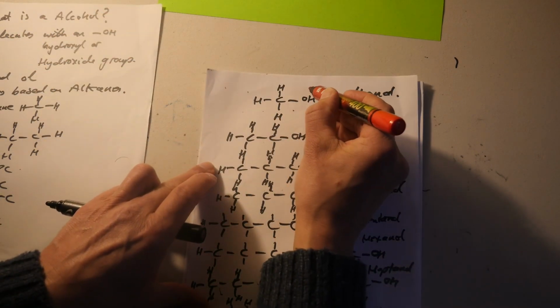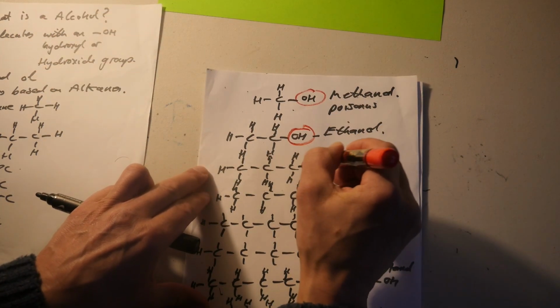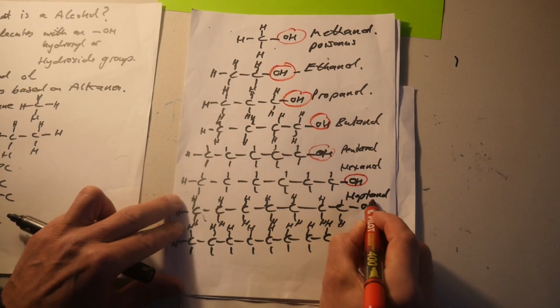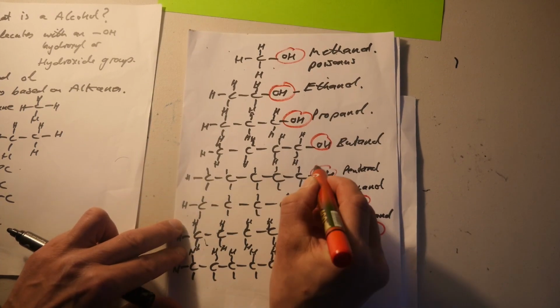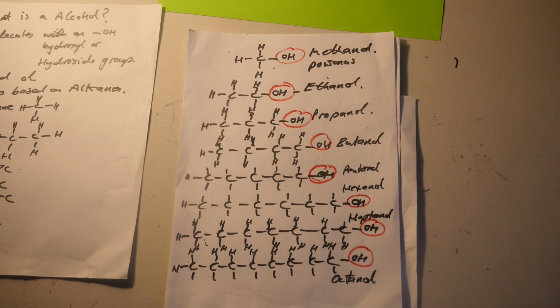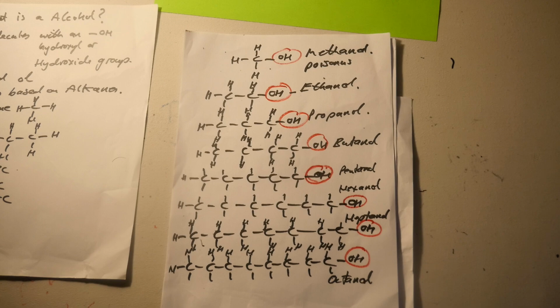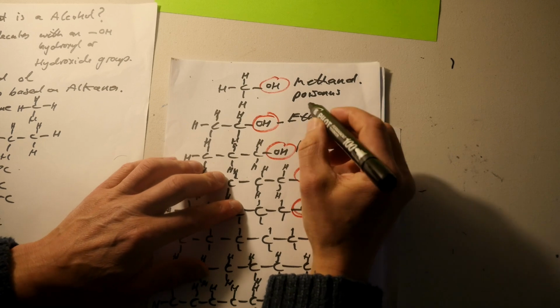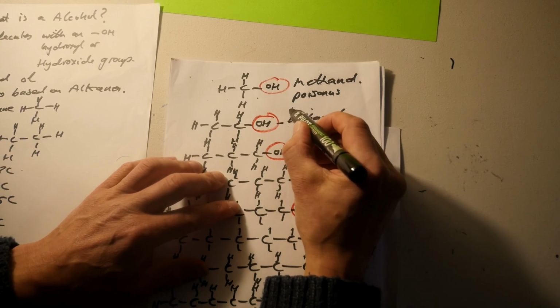Like with any organic molecules, you identify what they are by looking for the functional group. So methanol's poisonous, ethanol is most important.